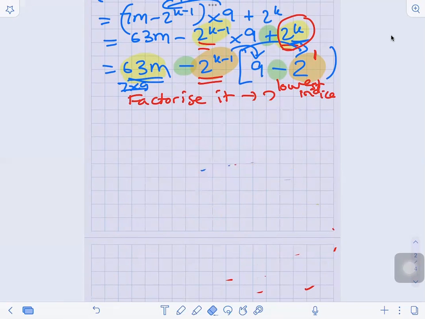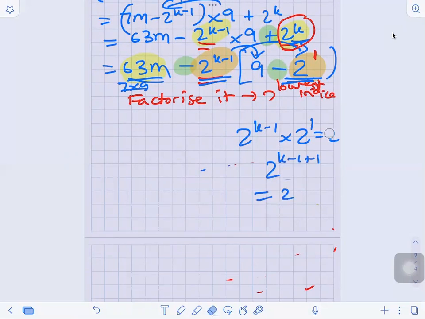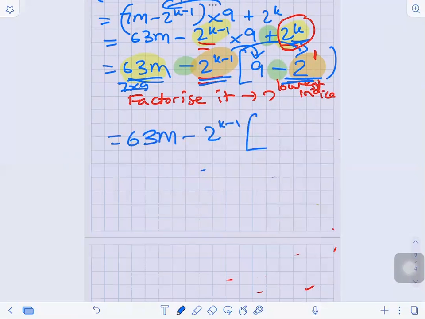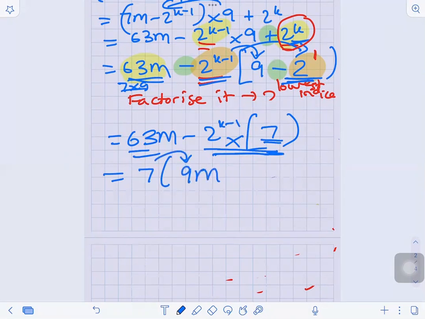Okay, so you can see that what was left inside here was 2 to the 1, because 2 to the k minus 1 times 2 to the 1 will give you 2 to the k minus 1 plus 1, which is 2 to the k. So now looking at that, you'll have 63m minus 2 to the k minus 1 times (9 minus 2). 9 minus 2 is 7, so there's a common factor of 7 in 63m and this term. 7 times 9m gives you 63m, and 2 to the k minus 1 times 7.